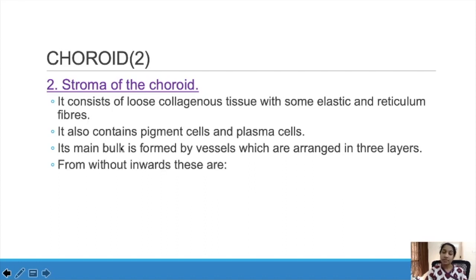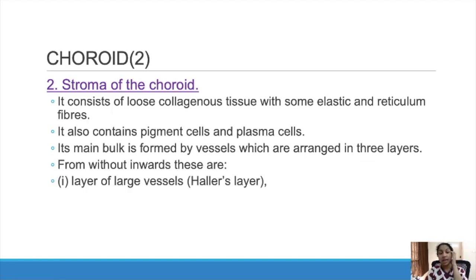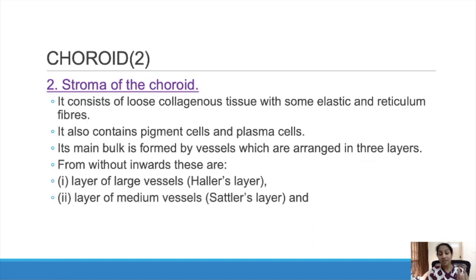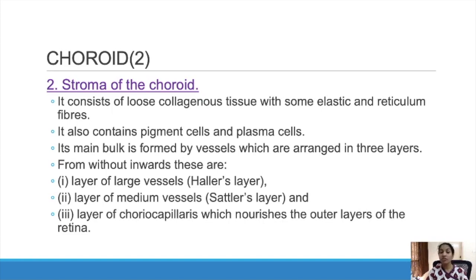From inwards outwards, these are the layer of choriocapillaries, which nourishes the outer layer of the retina, so that is very important, then the layer of medium vessels, and the layer of large vessels. Layer of large vessels is known as Haller's layer, layer of medium vessels is known as Sattler's layer, and last is the layer of choriocapillaries.